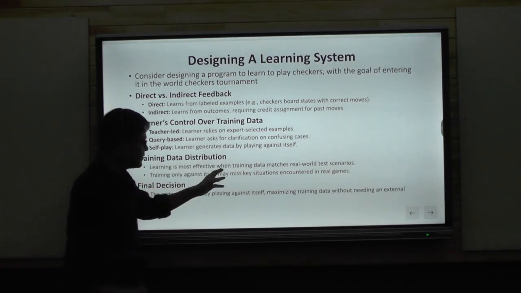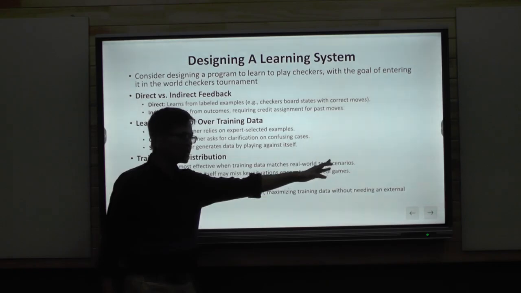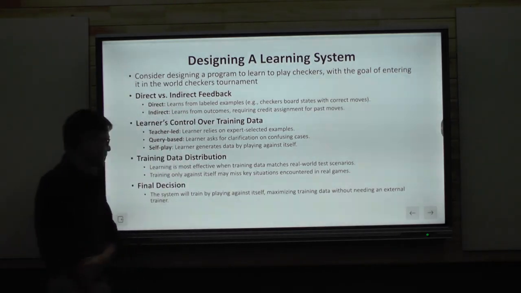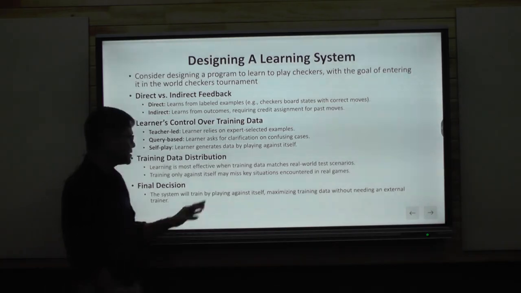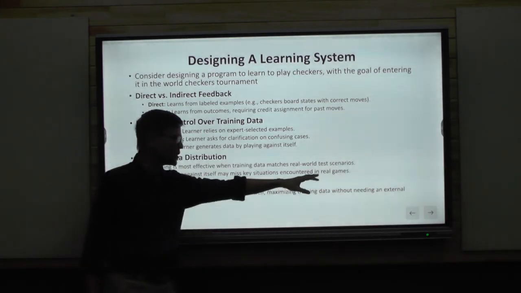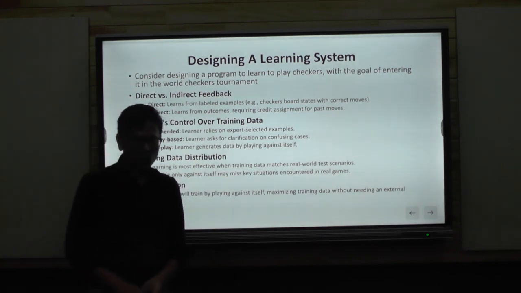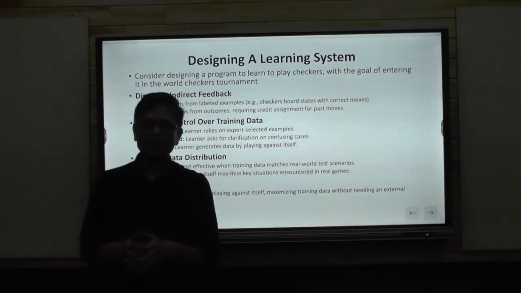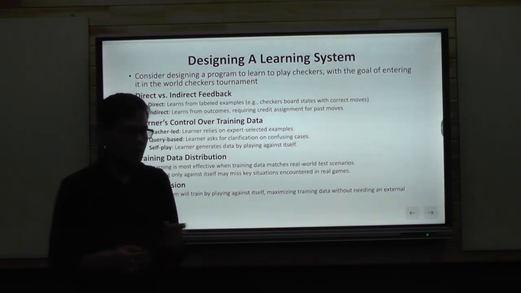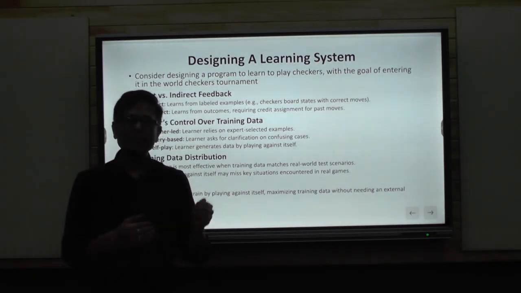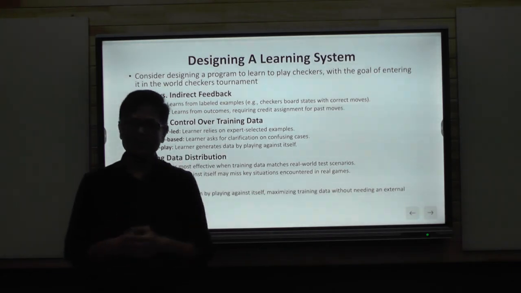Training data distribution: learning is most effective when training data matches the real-world test scenarios. Training only against itself may miss key situations encountered in real games. So what basically happens in these kinds of big tournaments, for example, if you consider the game of chess, we have grandmasters coming from each country.